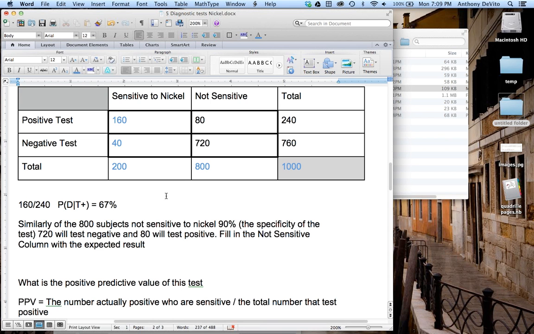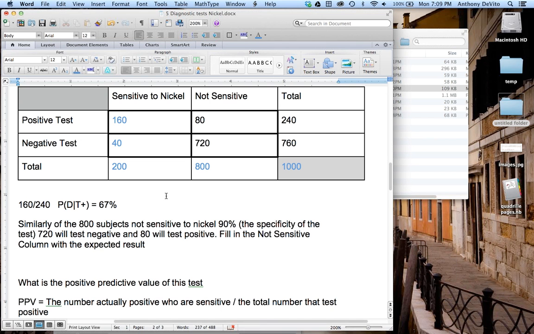Okay. I'm going to ask you now to tell me, what's the value of a negative test? What's a good name for the value of a negative test? Negative predictive value, right? What's the negative predictive value for this test in this population? Well, how many people tested negative? 760.